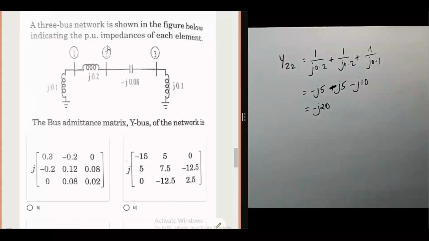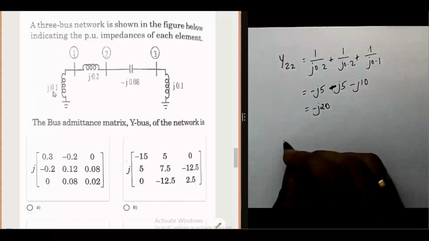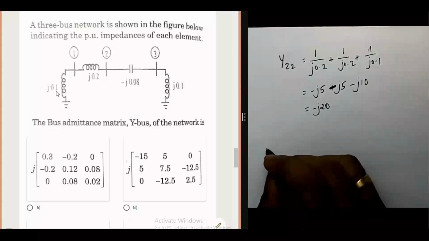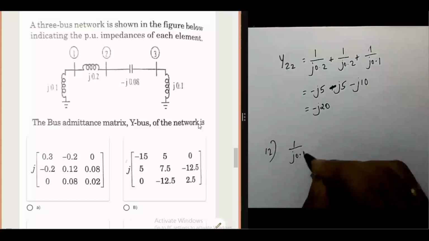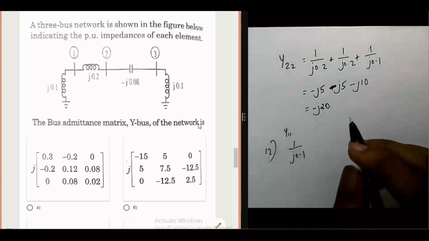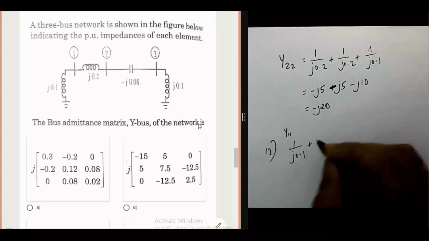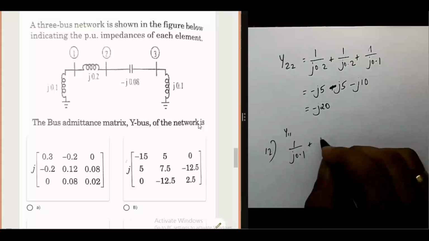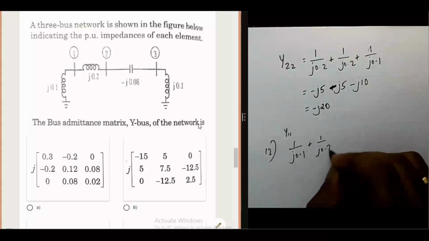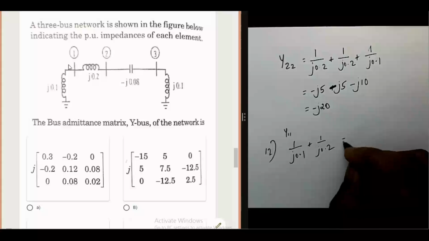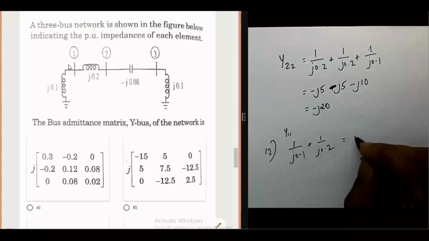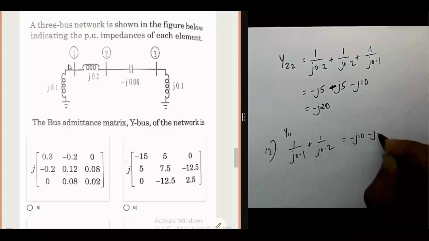The given values are impedances, so take the reciprocal: 1 divided by j0.1 plus 1 divided by j0.2. These two elements are connected at bus number 1. That is equal to minus j10 minus j5.